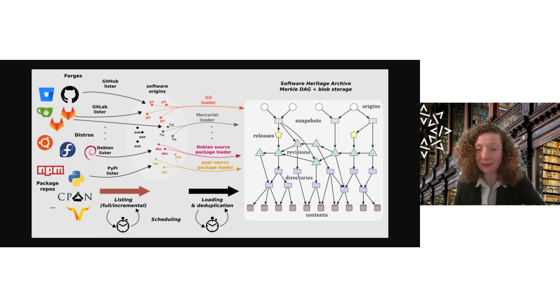So for example, a license file, as you saw before in the exercise, could be linked into many different origins and directories, because the same content, the same hash, has been seen in those 3,000 repositories. We will not have 3,000 license files.